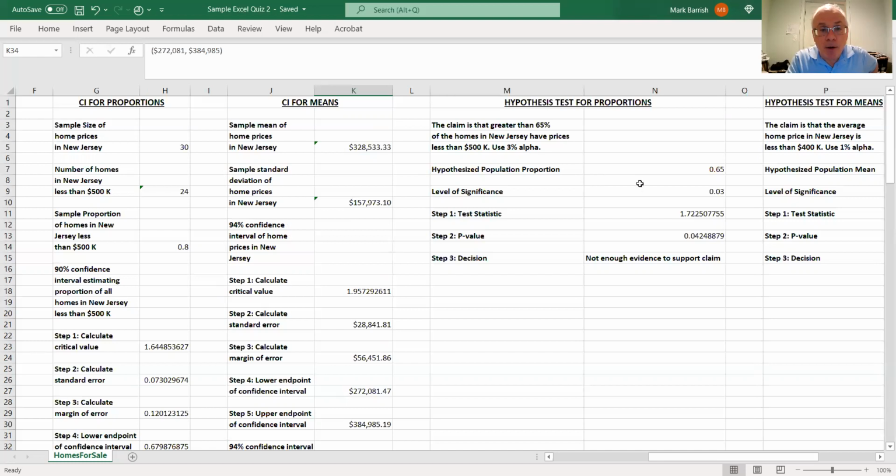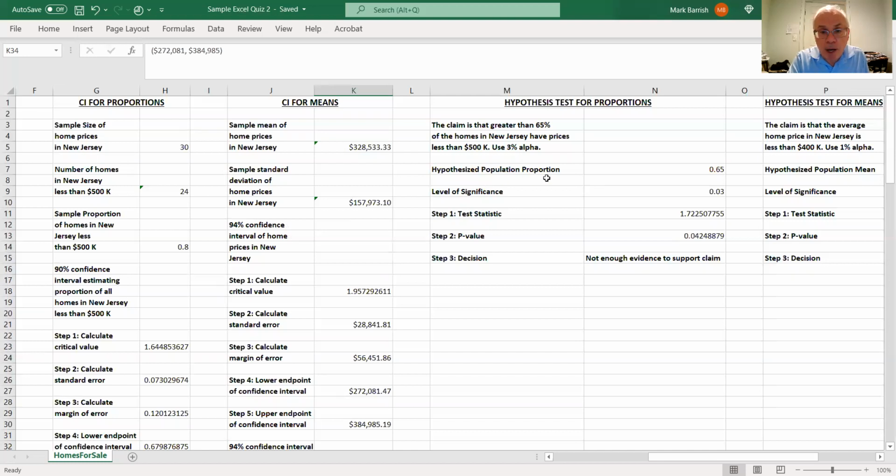All right. Now, hypothesized population proportion. Well, in your null and alternative hypotheses, the proportion that you're going to see for the null is P equals 0.65, because it says 65% here. So I'm going to use 0.65. And the alternative hypothesis is greater than, so the alternative hypothesis will be P is greater than 0.65.